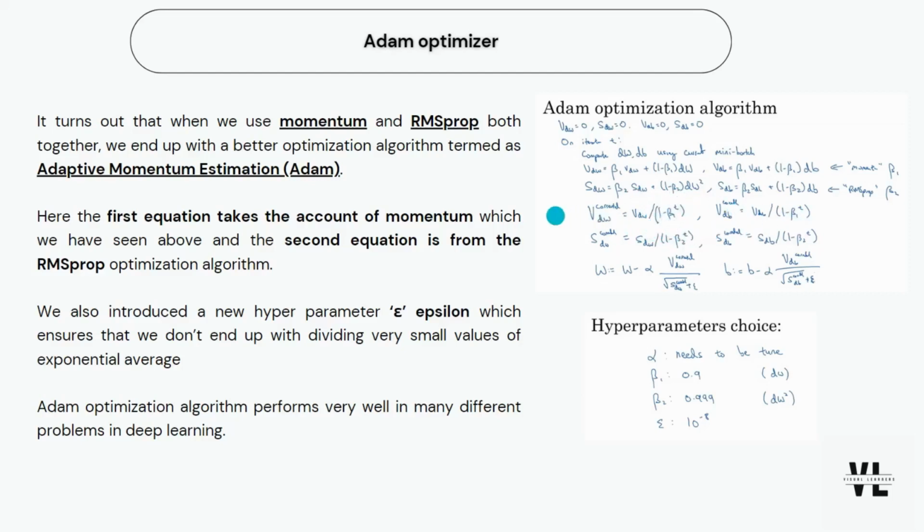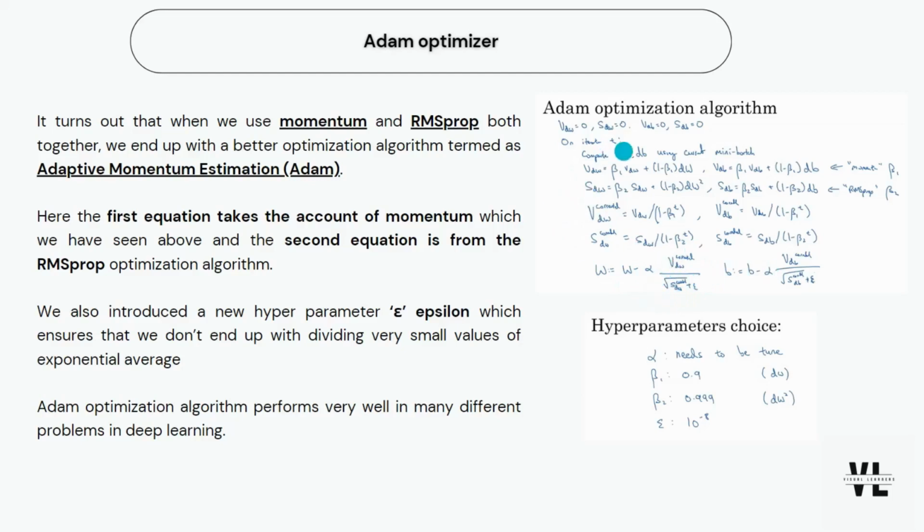In the case of gradient descent with momentum, we use the first hyperparameter beta 1, and in the case of RMSProp, SDW and SDB, we use the hyperparameter beta 2. Then finally, we combine both into 1.